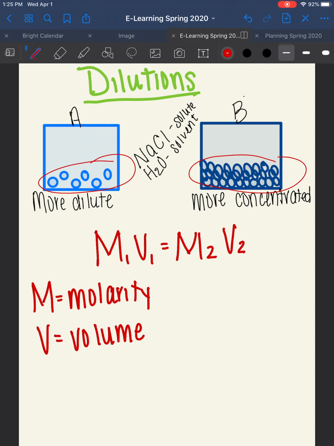Say you were given solution B and you wanted to dilute it. You wanted it to resemble something more like solution A, with the same concentration.